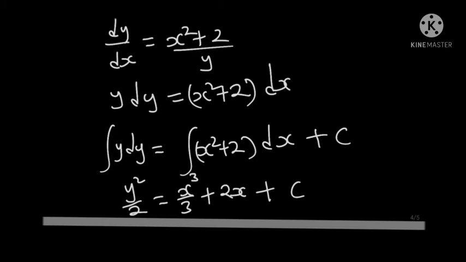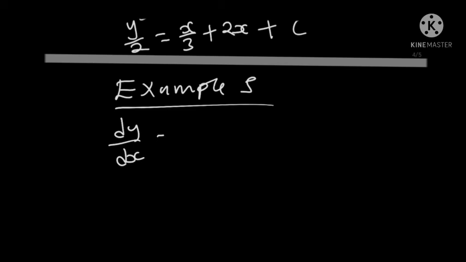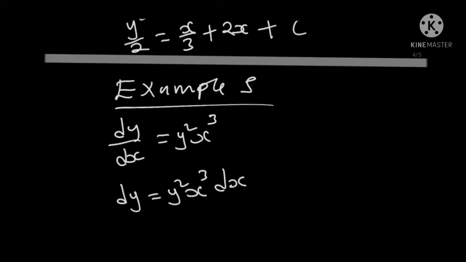Example 5. Suppose we have dy over dx equals to y squared x cubed. How do we solve this? First of all, let's multiply both sides by dx. We have dy equals to y squared x cubed dx.